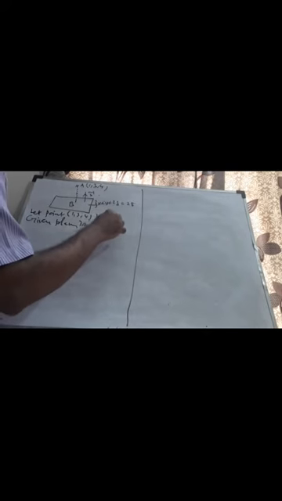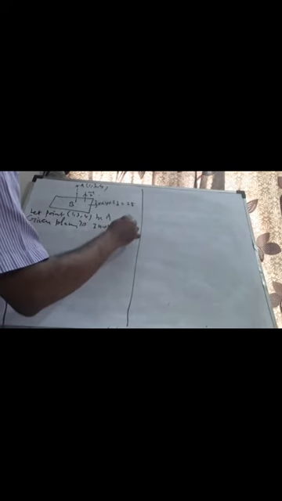Now let point 1, 3, 4 be A. The given plane is 3x plus y plus 2z is equal to 28. Let it be plane 1. Draw AB perpendicular to the plane. Let B be x1, y1, z1.